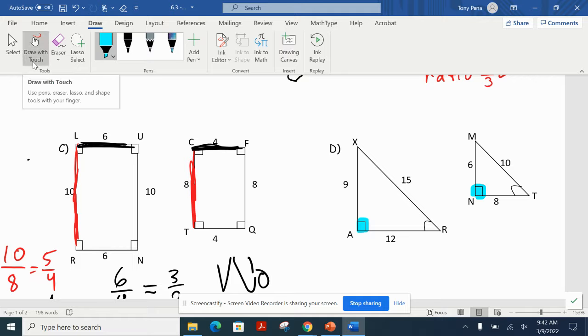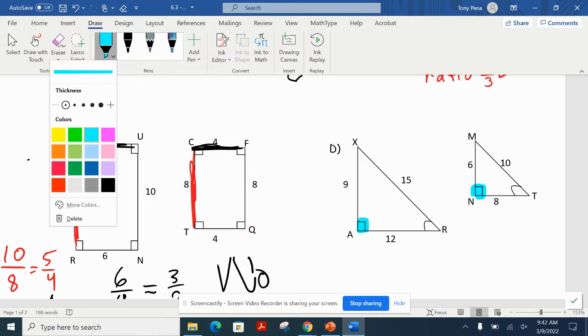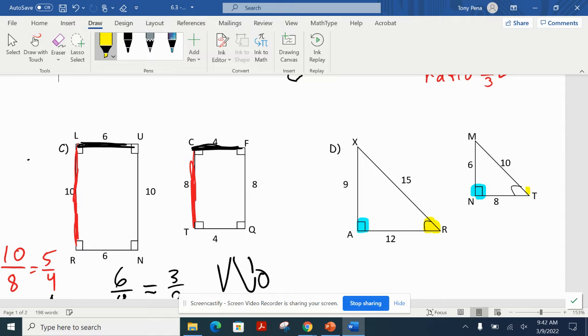So we have at least one angle. And then don't we also get told that these angles are also congruent? Because of that, without even worrying too much about checking the sides, we can say that yeah, these are going to be similar.